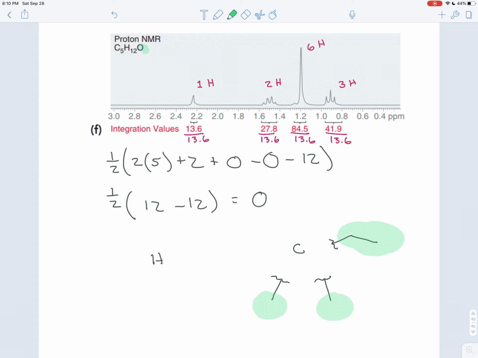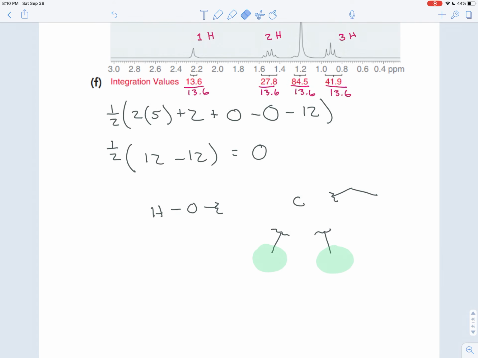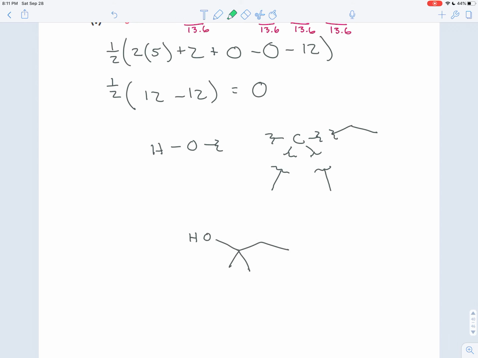And the only other thing we haven't used is an oxygen. So all we'd have left is an oxygen and a hydrogen. There's only one way to put them together. And now there's only one way to put all of these pieces together, and that is to have this carbon in the middle with 4 bonds to those branches. So you'd have that molecule there.